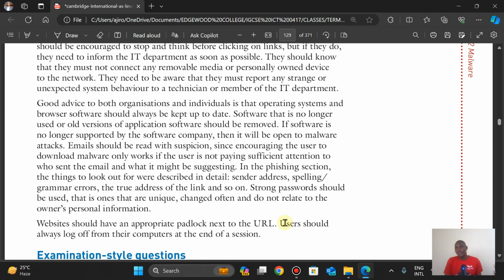In fact, I've seen a story where somebody used a friend's phone to carry out a financial transaction and forgot to log off. You cannot trust people with these things. Please always log off, even from your own computers, after the end of the session.